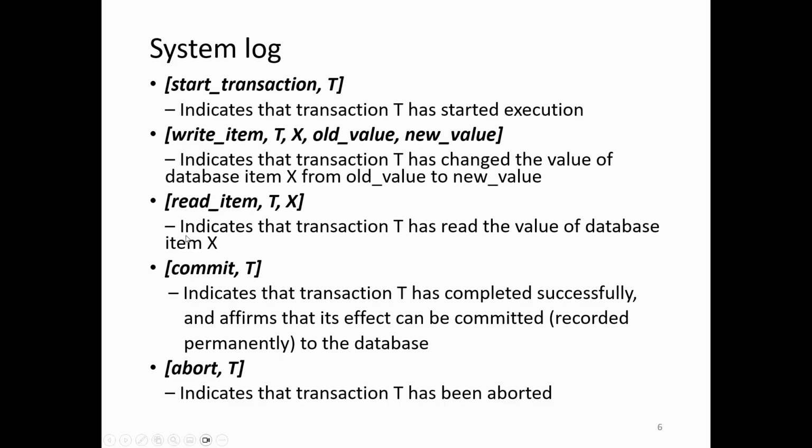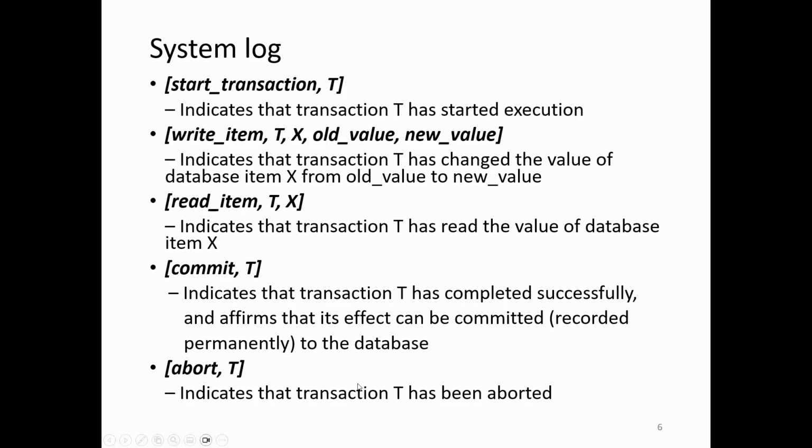The third one indicates that the transaction T has read the value of database item X. The fourth one indicates the commit of the transaction T, to record permanently whatever modification was done by the transaction T on data items. So this marks the commit, permanently saving to the database.